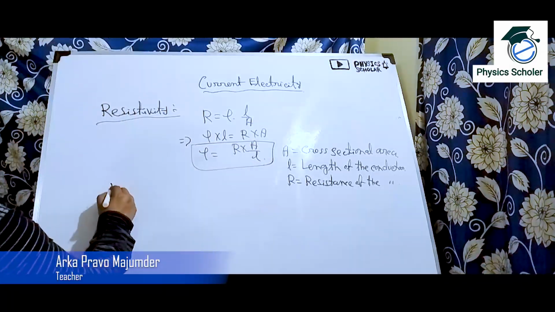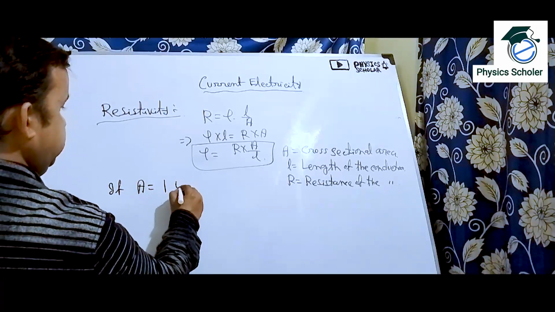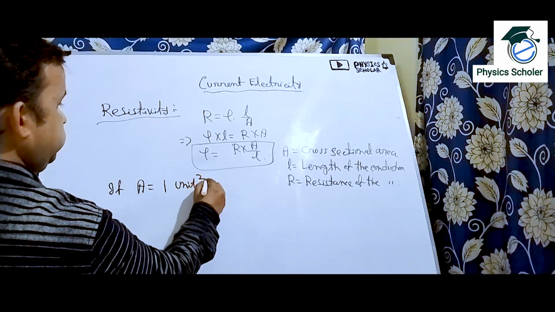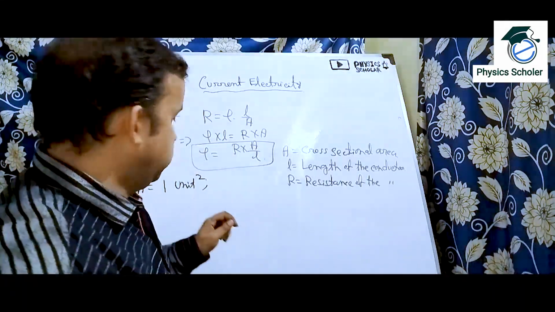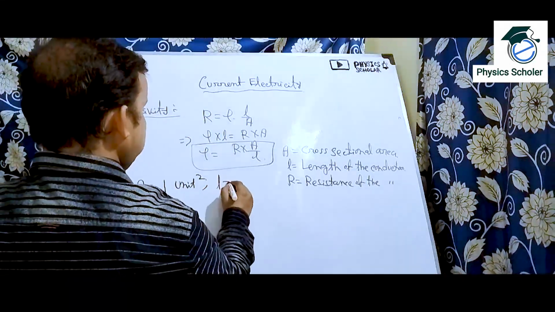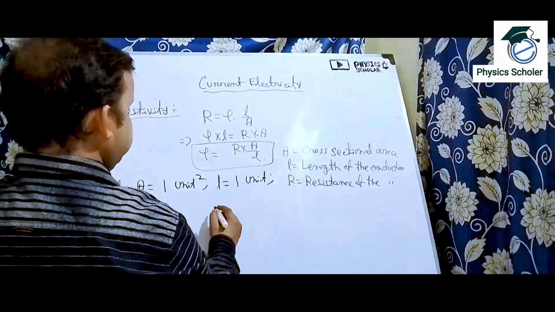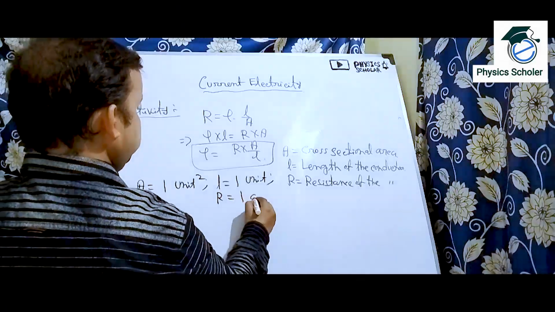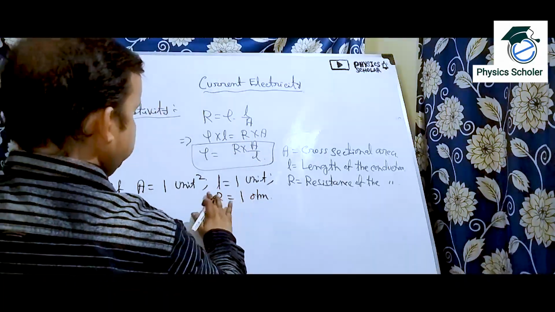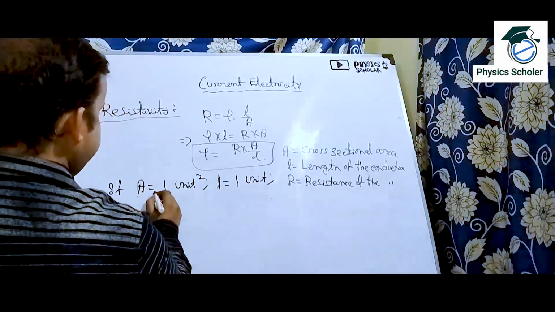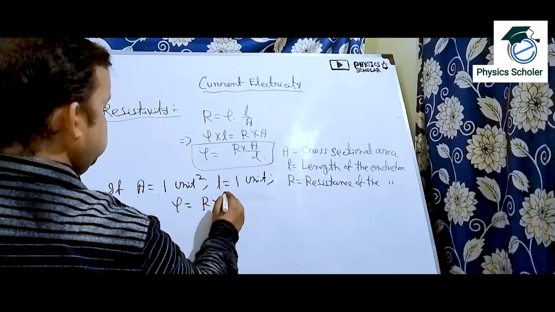Now suppose A is equal to 1 unit square, that means 1 centimeter square or 1 meter square, whatever. L is equal to 1 unit, that means 1 meter or 1 centimeter. Then rho is equal to R into 1 by 1.